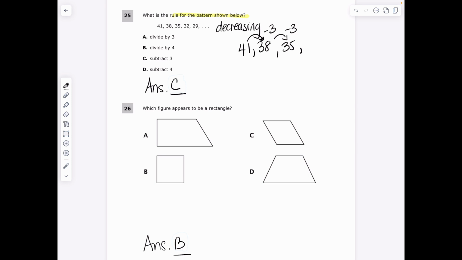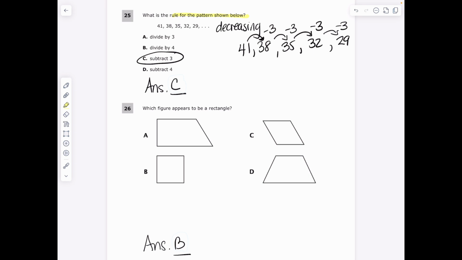That's really what my brain is kind of doing. And 35 minus 32 is also 3. So I'm noticing this pattern of decreasing by 3, and I can check the next one. 32 minus 3 would have given me 29, which is boom. So that's my rule. Subtract by 3. And that gives me C.